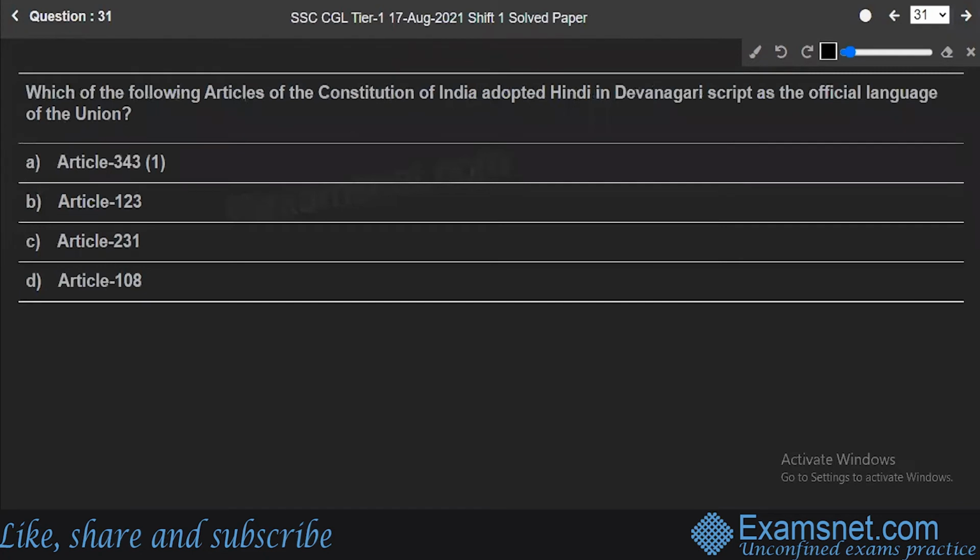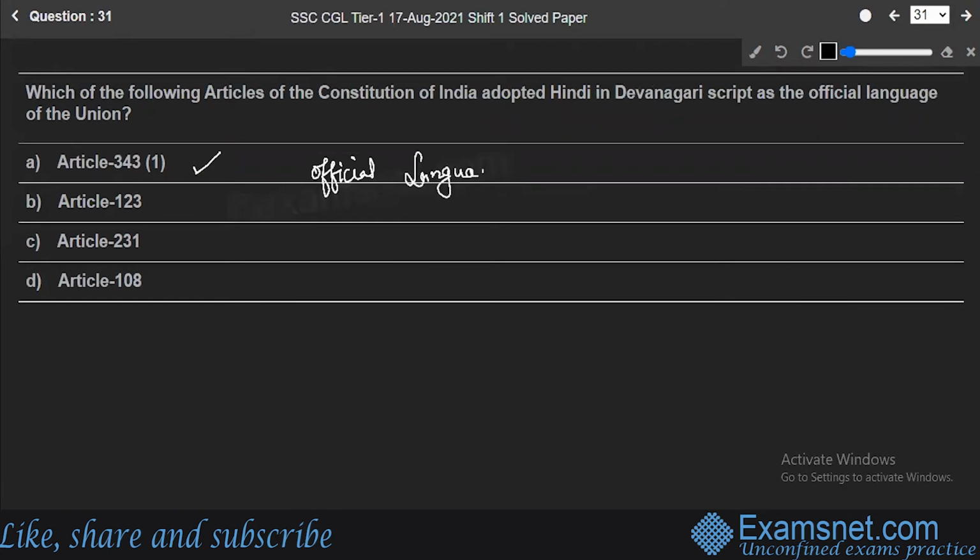Which of the following articles of the Constitution of India adopted Hindi in Devanagari script as the official language of the Union? Is it Article 343(1), Article 123, Article 231, or Article 108? Which is the correct option to the question? See, Article 343(1) of the Constitution provides that Hindi in Devanagari script shall be the official language of the Union.